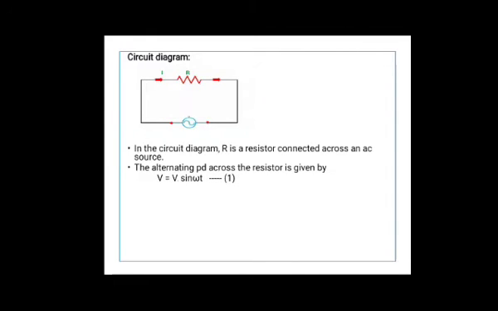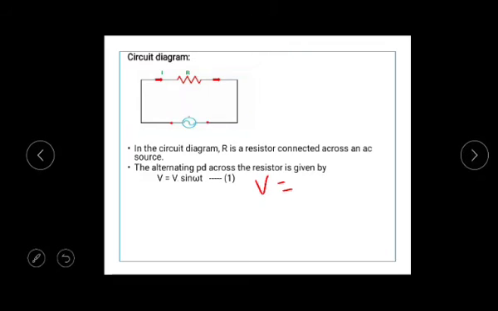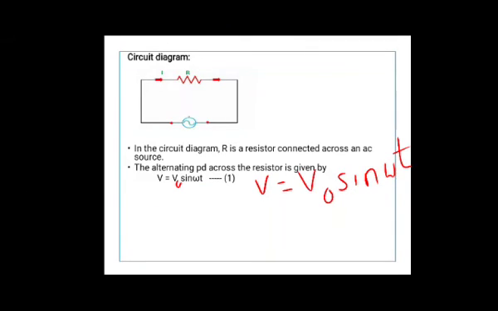The alternating potential difference across the resistor is given by V = V0 sin ωt, where V0 is the peak value and ω is the angular frequency.